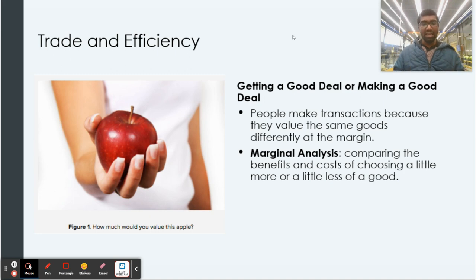But even on the same day, there are many different price ranges depending on quality. So we try to get a good deal, which is trade efficiency. It should be such that the buyer and the seller both reach a moderate point between the graphs. Then marginal analysis: comparing the benefits and costs of choosing a little more or a little less of a good. In the same way, we need to find an optimal solution for the trade.